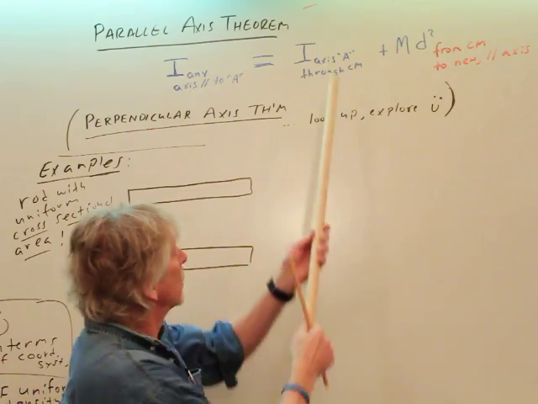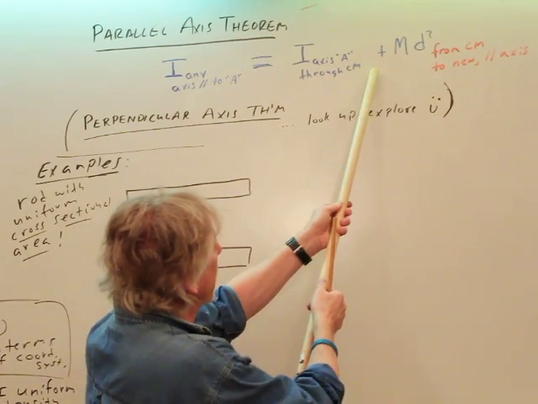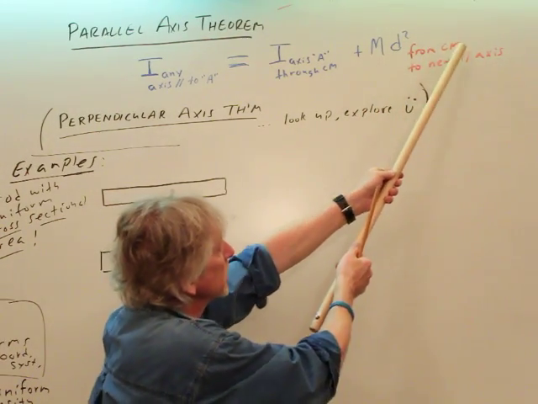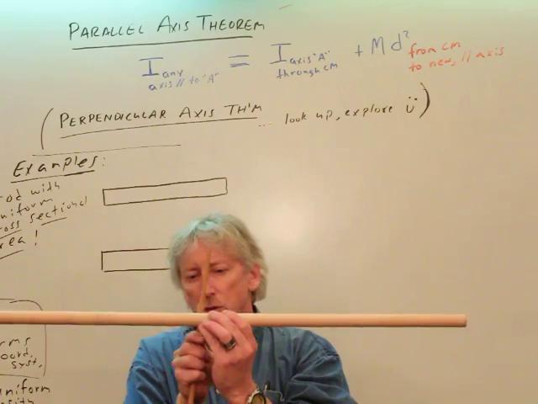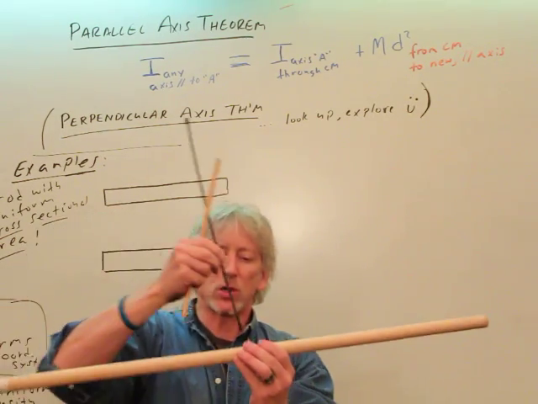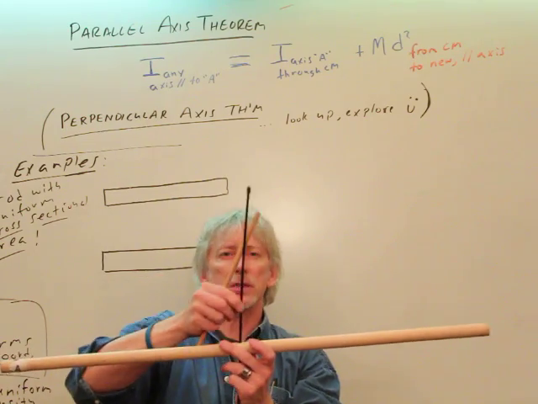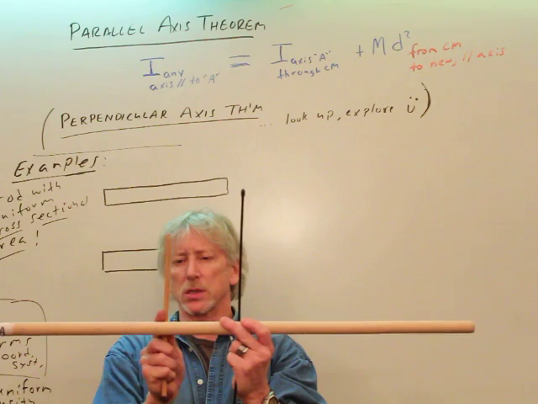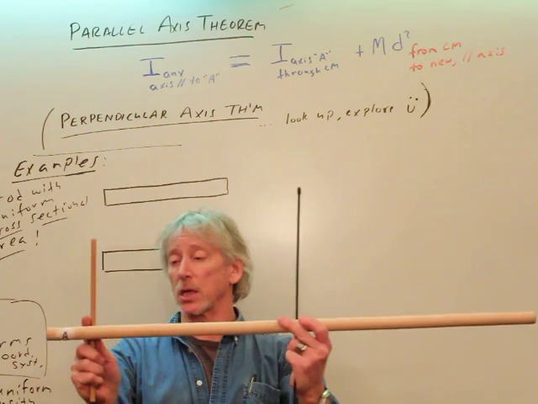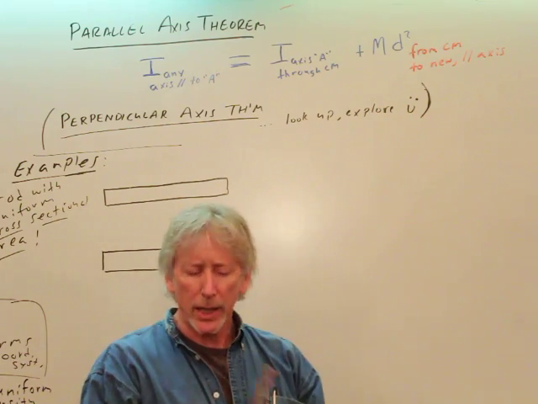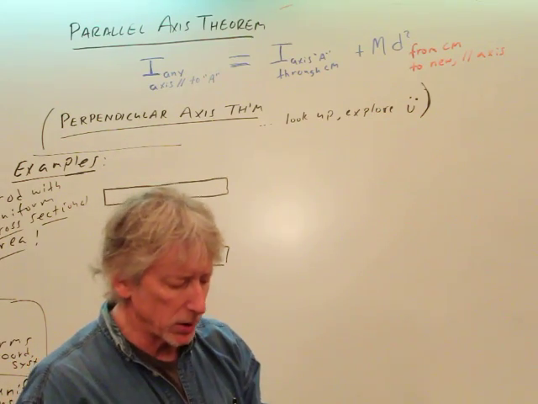How do I do it? Well, I know that. I add on the total mass times the distance squared from the center of mass to the new axis of rotation. So here's my starting point. Hopefully you can see that. And then d is the distance between those axes, and again, I can keep on going, and that still works. Pretty cool and pretty simple calculation.